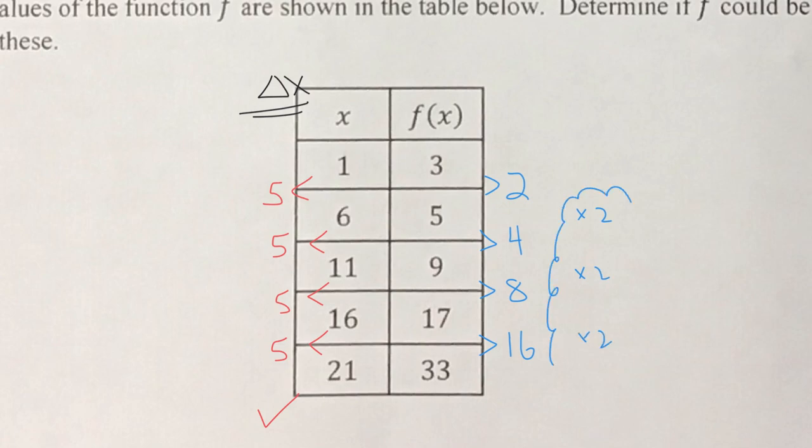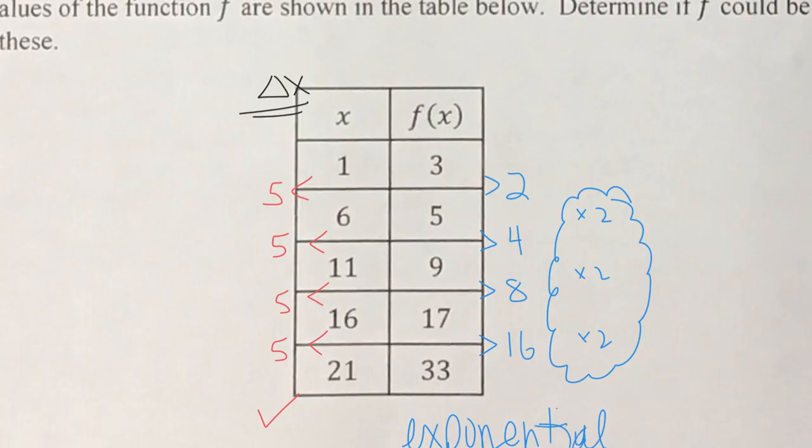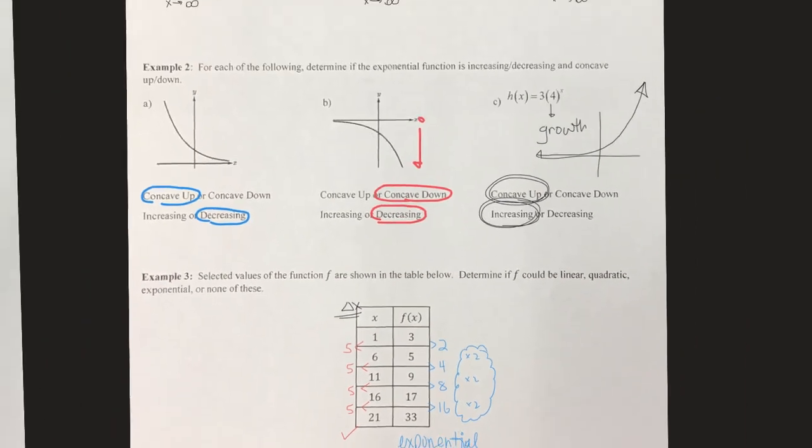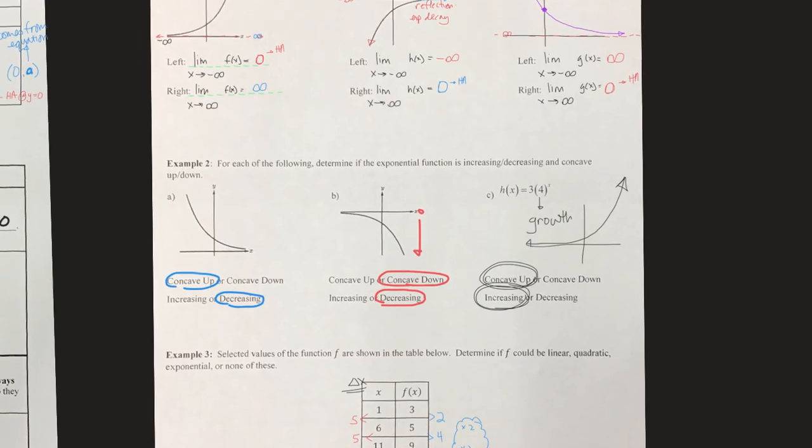Of course, it's not exactly 2 because of our y values, but this will let us know that we have an exponential function because we have a multiplicative factor. Exponential, right? No, it's not linear, it's not quadratic. So it's exponential.